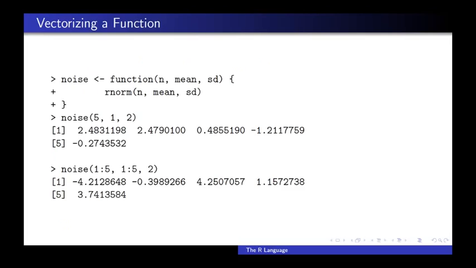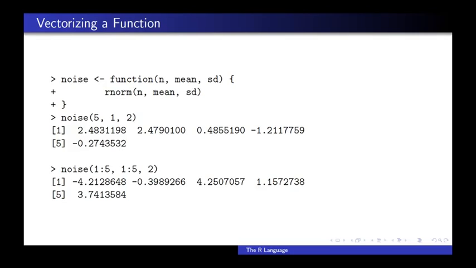Here's another very simple function. It just generates some random normal noise using rnorm. The function has three arguments: the number of observations, the value of the mean, and the value of the standard deviation. If I apply noise with a single set of arguments, 5, 1, and 2, I get 5 random normal variables with mean 1 and standard deviation 2.